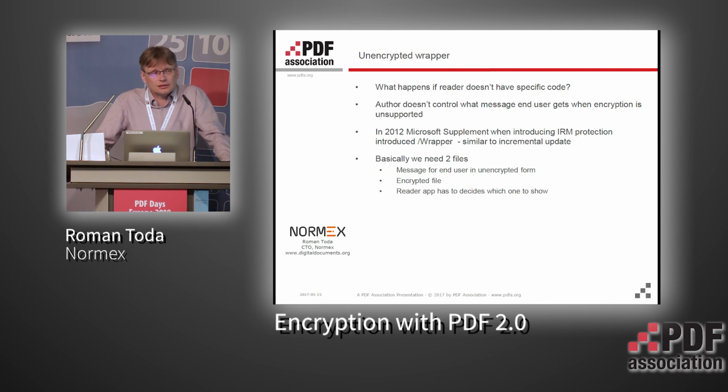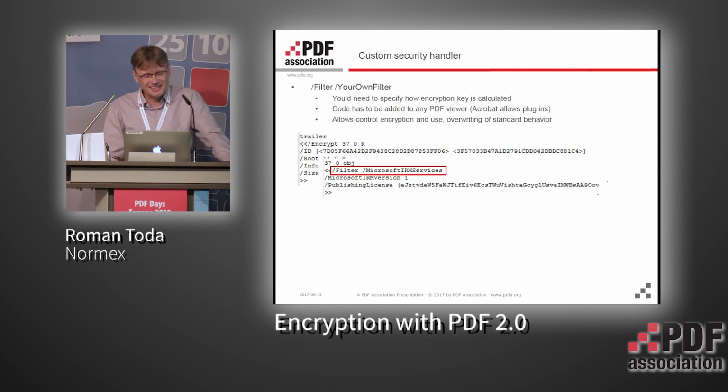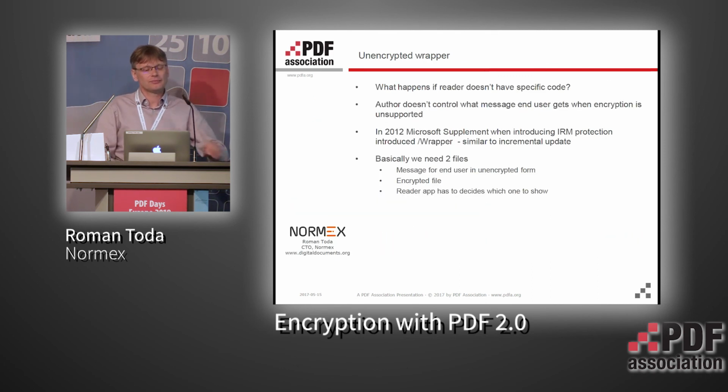That is something that was addressed back in 2015 when Microsoft introduced RMS, at that time called IRM protection, which is basically this one. They came up with an idea to use the update of a PDF file.